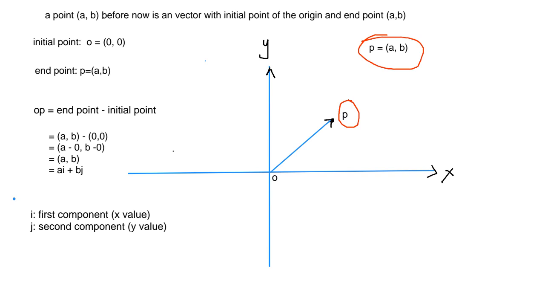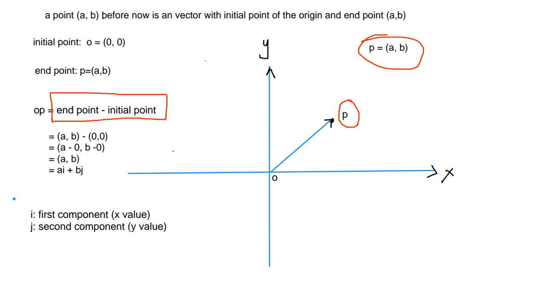Okay, remember this. As said, what is the vector? We subtract 2 points, right? We subtract 2 points.